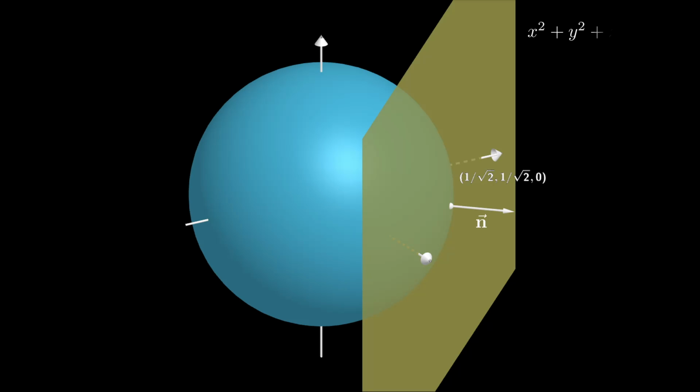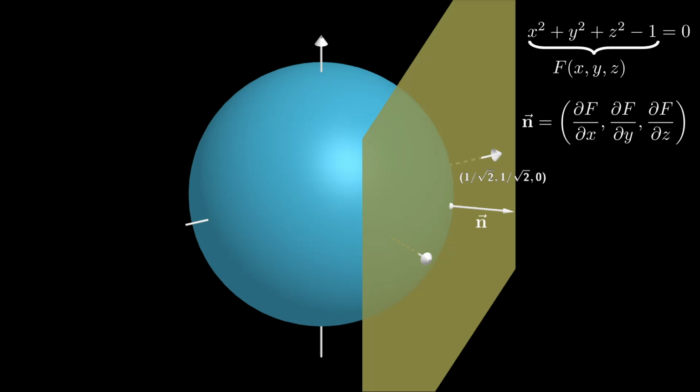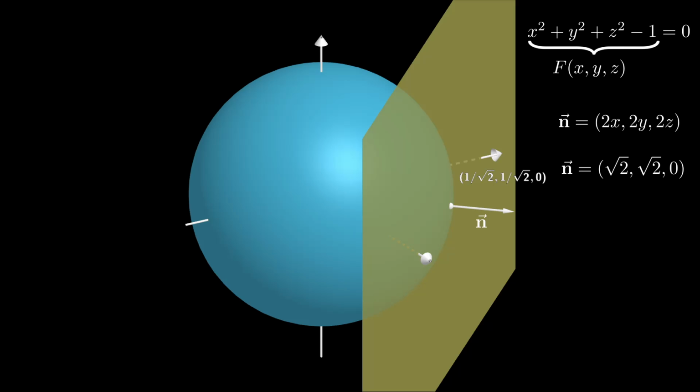Here, this is our normal vector, and here I have our equation. And now again, if I treat this as big F of x, y, and z, and I calculate the normal vector this way, at the point right here, this normal vector is equal to (square root of 2, square root of 2, 0). So what's happening?